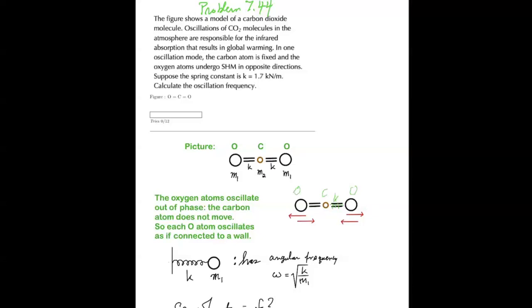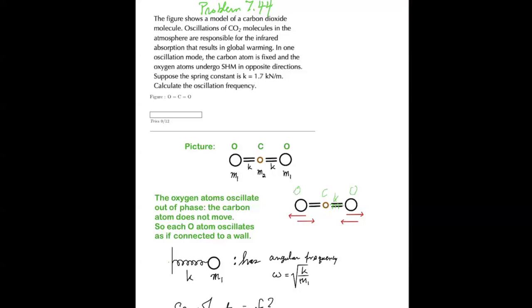So it's just like the oxygen atom is oscillating back and forth, attached by a spring to a wall. And so we know the angular frequency for that. That's the square root of K over M. We saw that on the previous page.